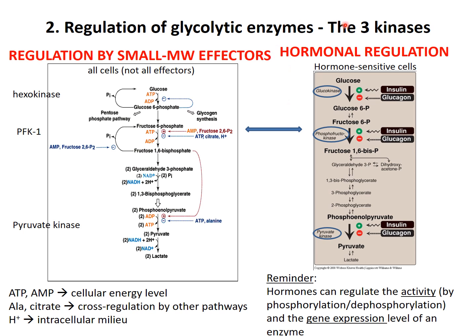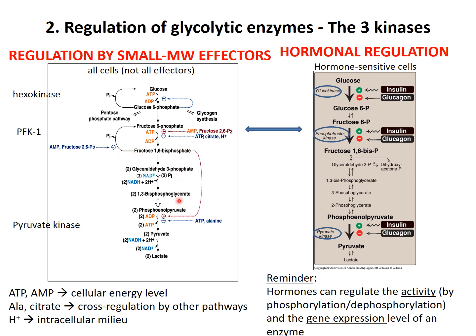Now, very important, the regulation of the three kinases: hexokinase, PFK1, pyruvate kinase. This is glycolysis. I like this figure because it shows that these enzymes are not reversible, but at least for PFK1 the opposite enzyme will also be regulated.